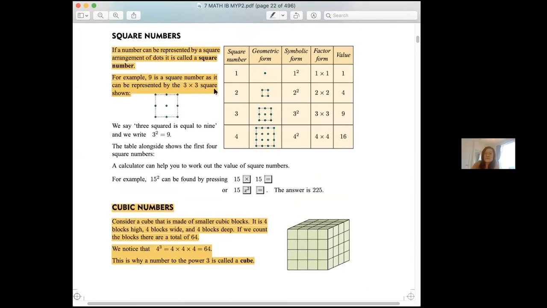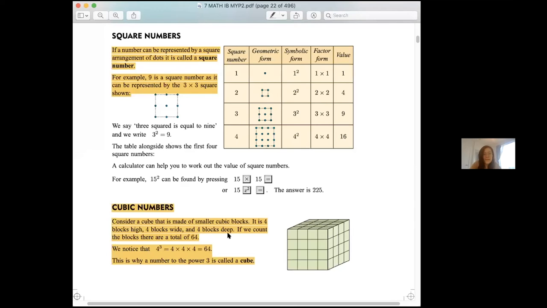If we use a square shape to represent it, there are 3 dots on each side, which means the side length is 3. So when we find the area, we do 3 times 3 equals 9. This is the geometric form that we represent for squares.